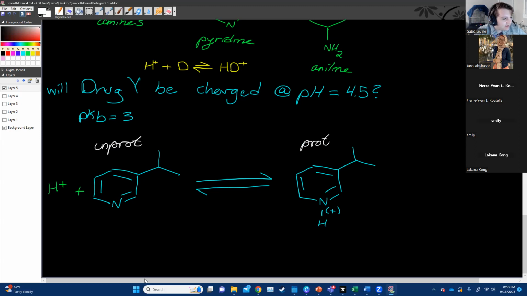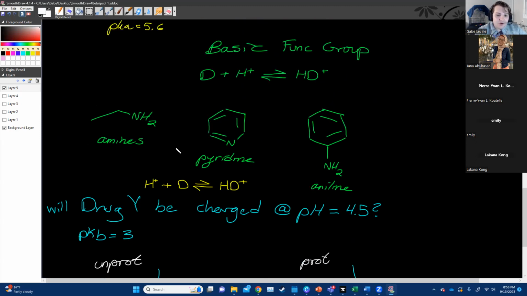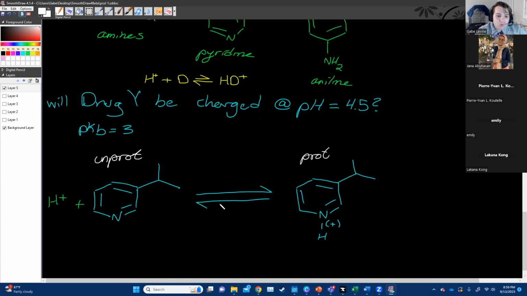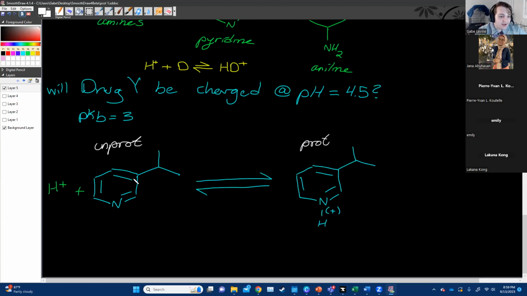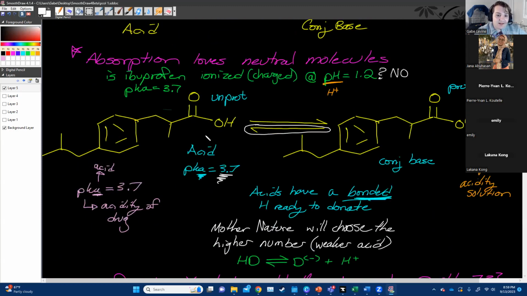Does this make sense how we got here? Remember that these structures, the basic functional groups, do they have a hydrogen to begin with? Does pyridine have a hydrogen? No. That's why the H plus is on this side, because it gets added to the pyridine to create this protonated form. So pyridine naturally doesn't have a hydrogen in the same way that a carboxylic acid naturally does.